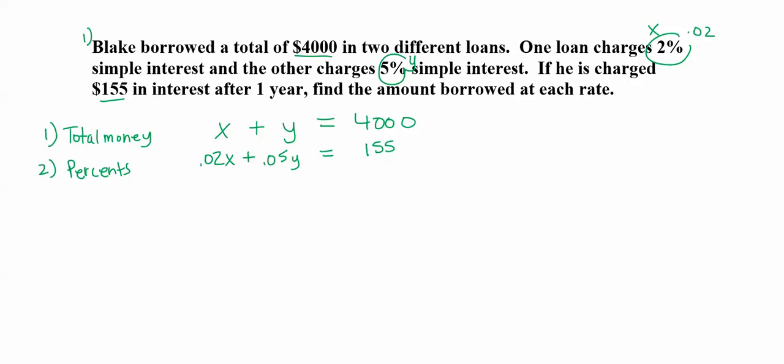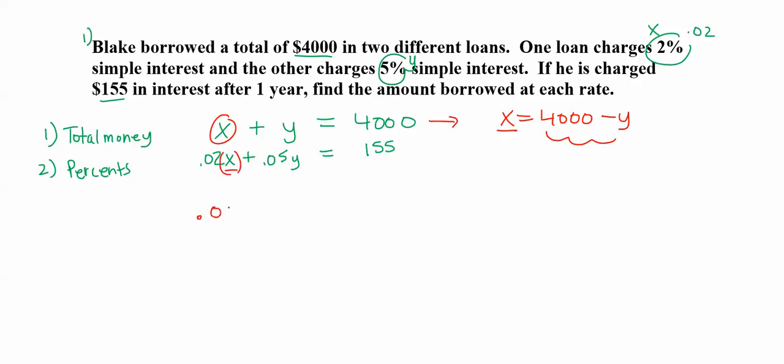So to solve the system of equations, we can go back and take the first equation and get x alone. So x equals 4,000 minus y. So we just move the y after the 4,000 and we change it to minus. Now I'm going to underline x in the second equation and plug in.